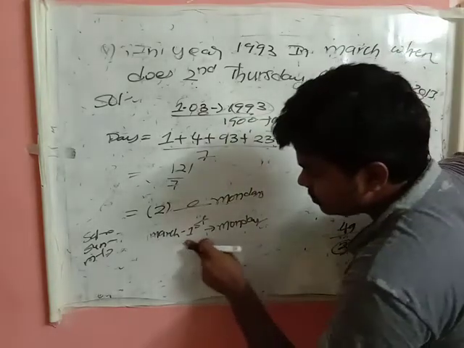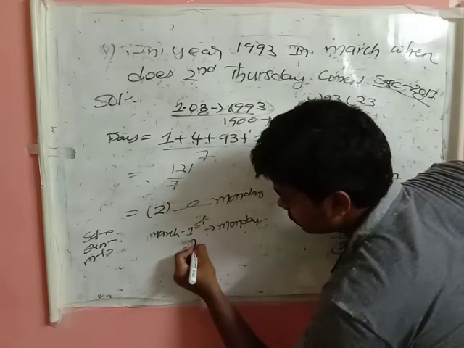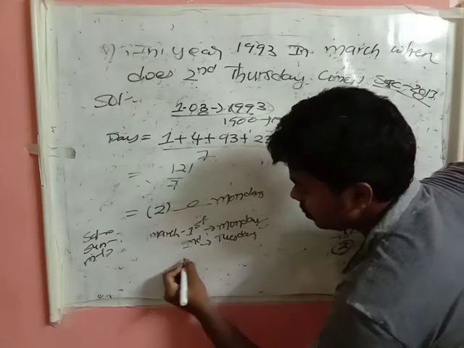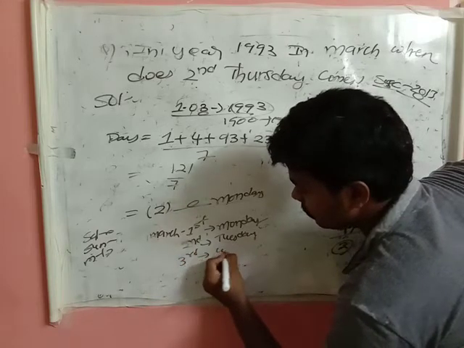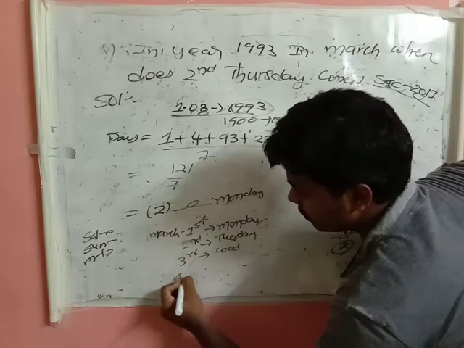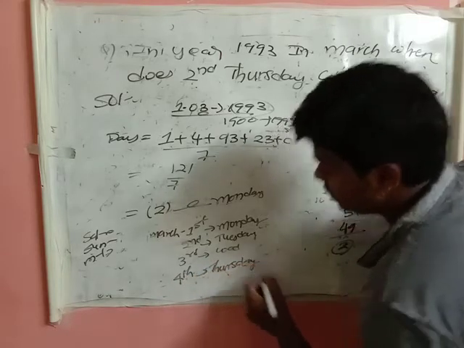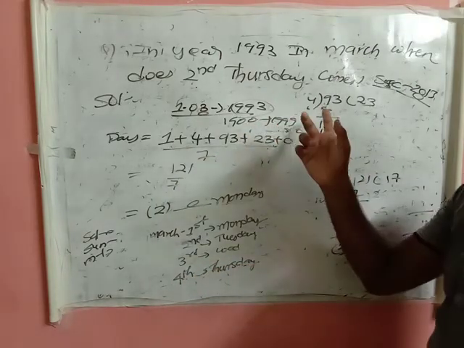Now coming to this, the 2nd will come on Tuesday. March 3rd will come on Wednesday. March 4th will come on Thursday itself. He's asking me when the second Thursday will come.